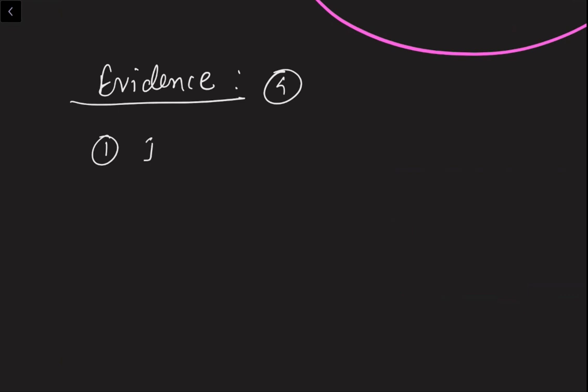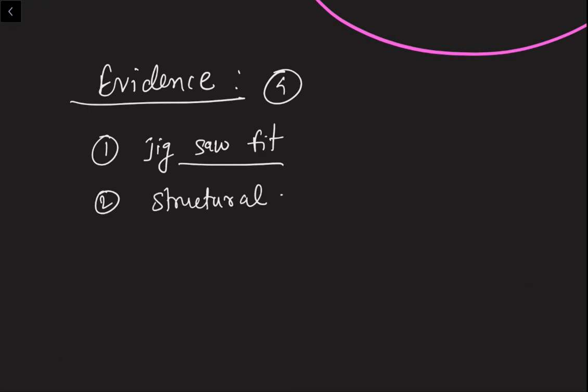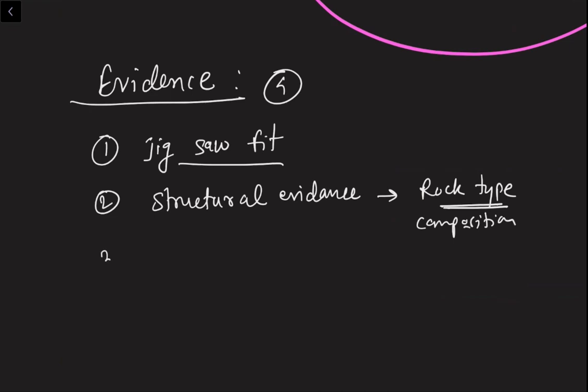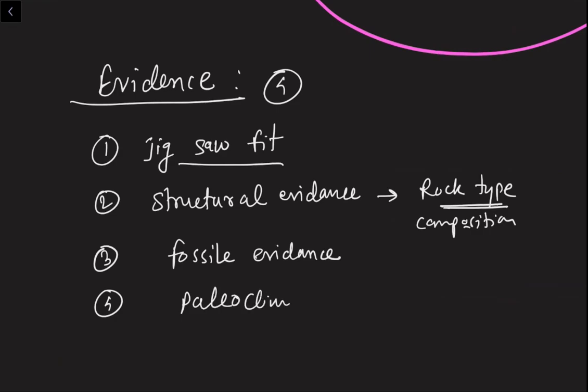The first was jigsaw fit evidence. Second was structural evidence, that is, evidence of rock type and composition. We'll see these one by one in detail. The third evidence he gave was fossil evidence, and the fourth was paleoclimatic evidence.